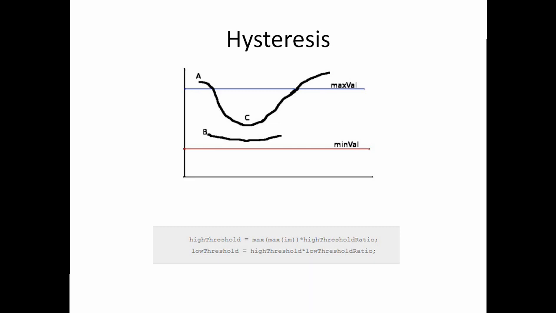If no surrounding pixel has intensity greater than the high threshold, we suppress it as a pixel caused by noise. And finally, we converge to a binary edged image of our original image.